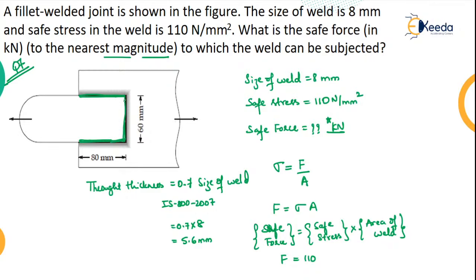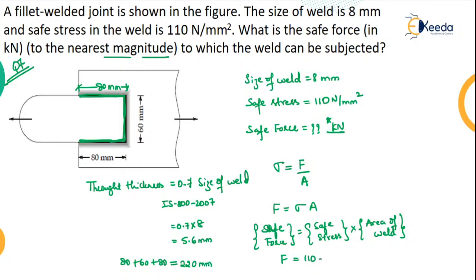Now the weld is for how much length? The weld is 80 plus 60 plus again this one is also 80 mm. So 80 plus 60 plus 80. So this will be equal to 220 mm.